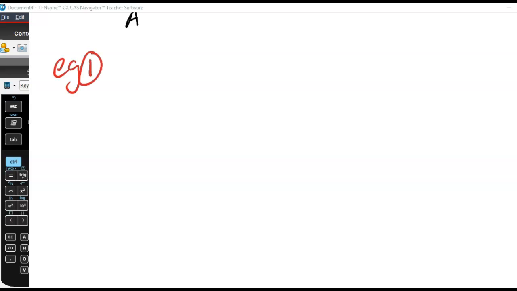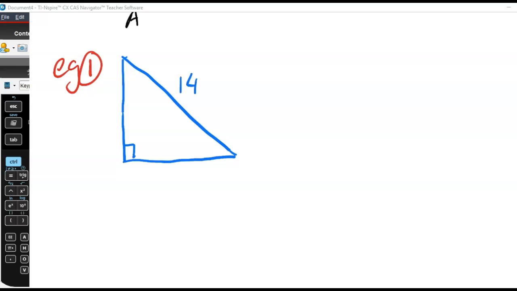So let's do a triangle. Okay, right angled. Let's make that 14, 10, and I'm interested in finding out what that angle is.